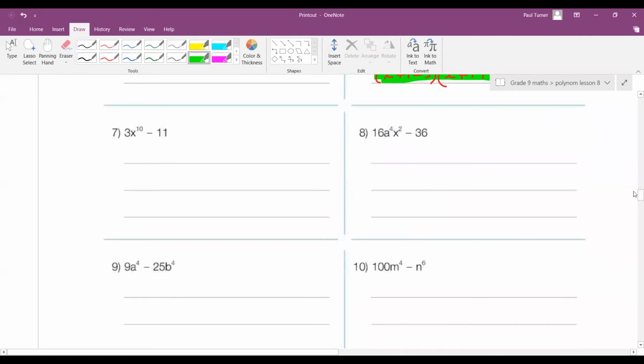Question 7. So now you've got this problem where it's not a perfect square. So the 3 is going to have to become root 3, x^5 squared. Root 3 times root 3 is 3.